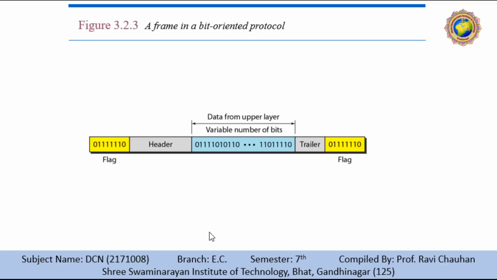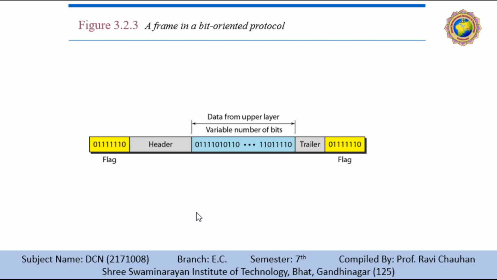Yes, an important topic is the bit oriented protocol. In the bit oriented protocol, the data section of the frame is a sequence of bits to be interpreted by the upper layer as text, graphic, audio, video, and so on. However, in addition to the headers and possible trailers, we still need a delimiter to separate one frame from another.